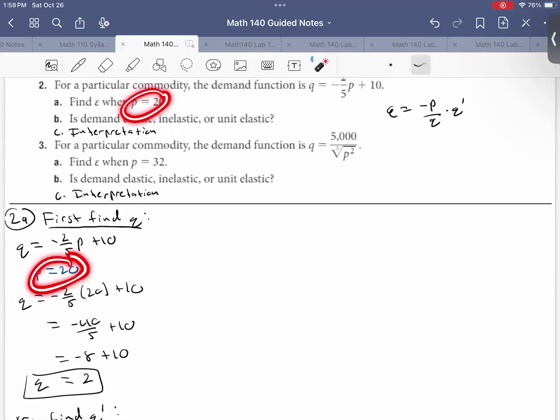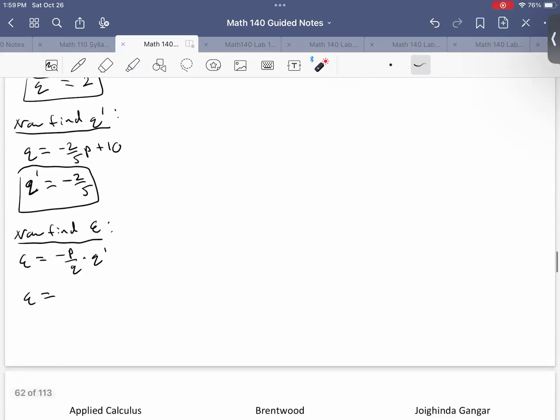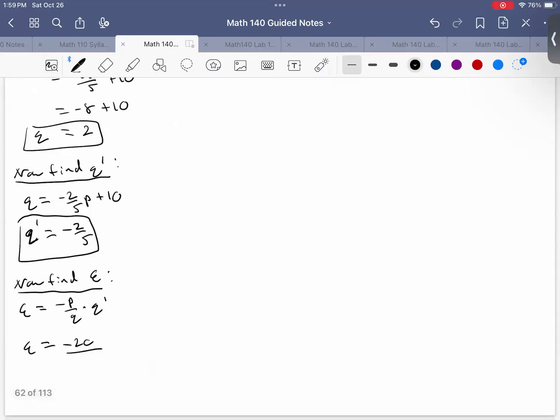So this is negative 20 over Q. I found Q to be 2 right here. So over 2 times Q prime, which is negative 2/5.